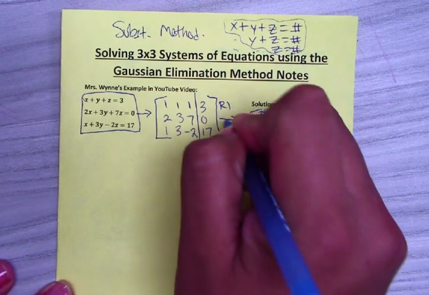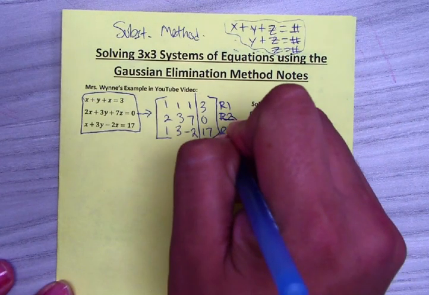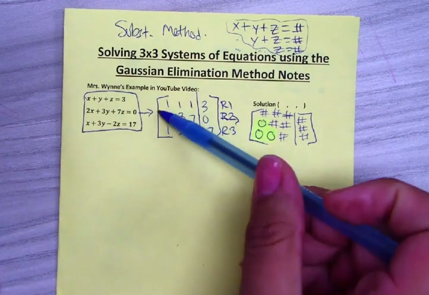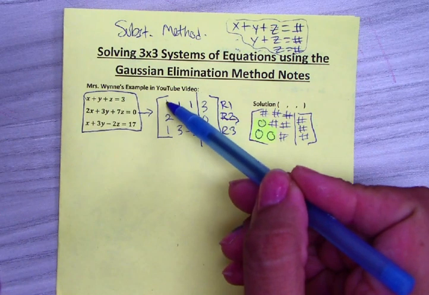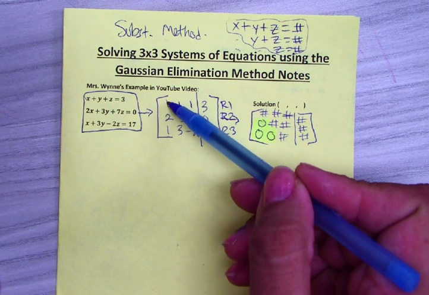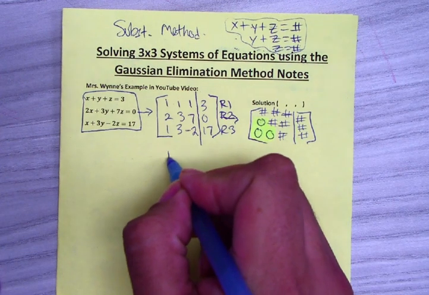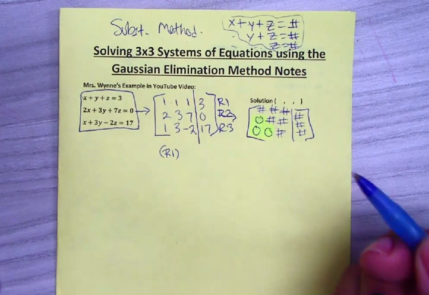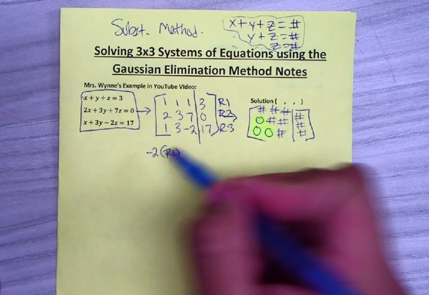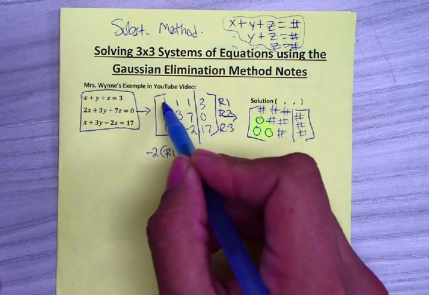This is going to be row 1, row 2, row 3. And we're going to use the top row and make this number 1 a -2, so it can help you cancel this +2. And you're going to annotate that row 1 needs to be multiplied times -2 to make this a -2.